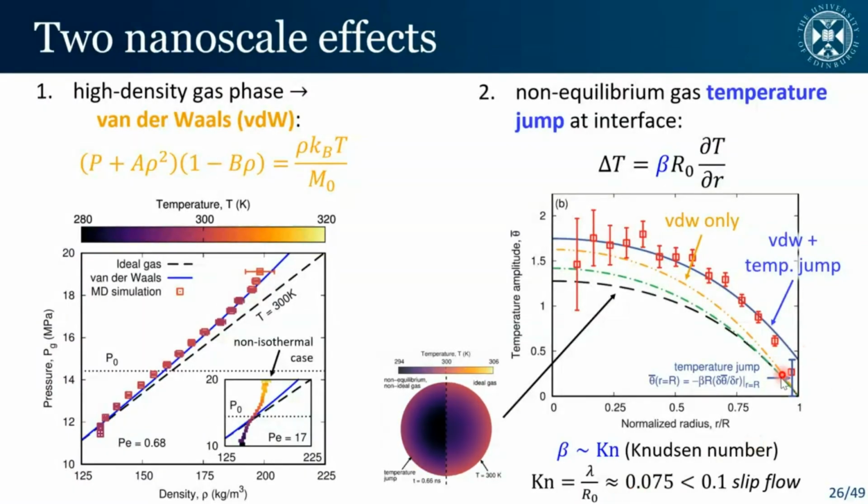And this manifests as a temperature jump at the liquid-gas interface, which is proportional roughly to heat flux, or in other words, the temperature gradient just at the interface. So if we take both these effects into account, we get pretty good agreement now with the variation in temperature across the bubble, or the oscillation in temperature across the bubble.